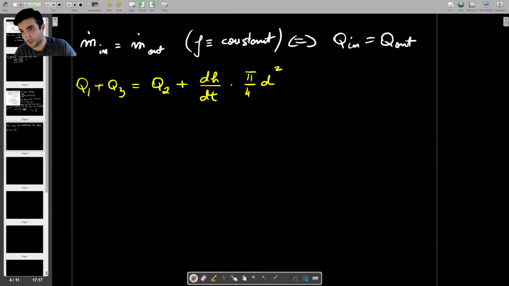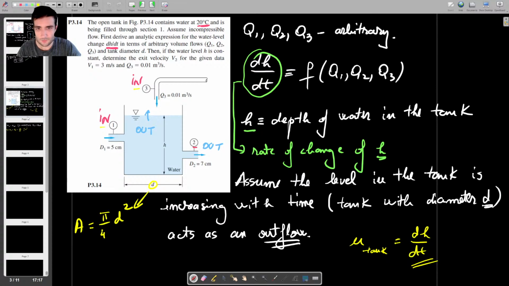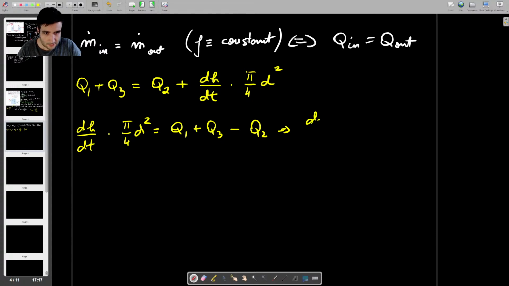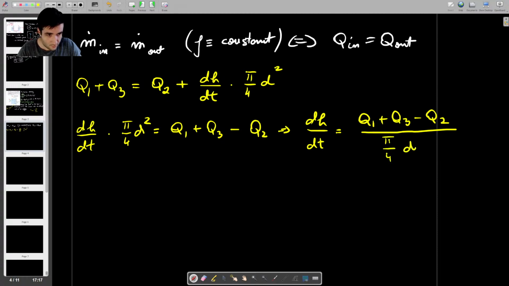Anyway, what I'll do now is rearrange this to get an expression for dH by dt. So dH by dt times pi over 4 d squared is equal to Q1 plus Q3 minus Q2. So dH by dt is equal to Q1 plus Q3 minus Q2 over pi over 4 d squared.